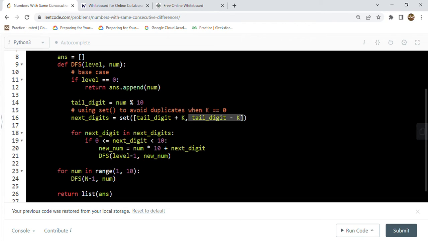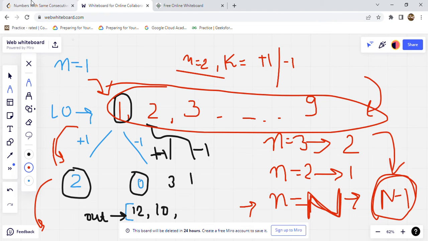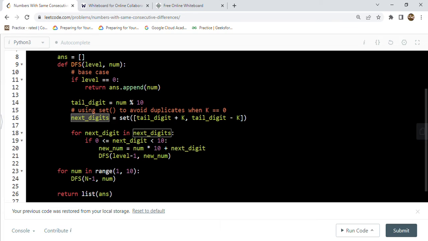To avoid duplicacy, we are adding these numbers in a set, because a set does not add duplicate numbers. Now we have got this list by doing plus 7 and minus 7 on the tail digit. Now if the next digit is not negative and is less than 10, so it is of one digit only, then we are adding the number: number times 10 plus next digit.